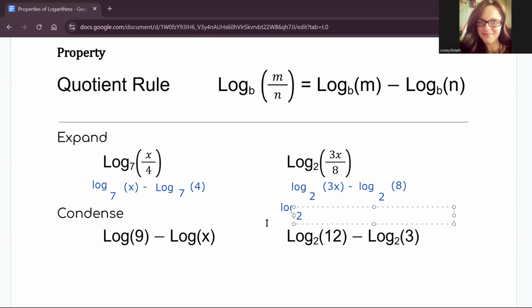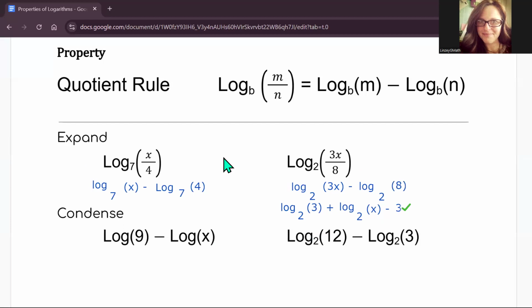Log base 2 of 3 plus log base 2 of x minus, and then log base 2 of 8, 2 to what power is 8? We can simplify that to 3. So we get log base 2 of 3 plus log base 2 of x minus 3.